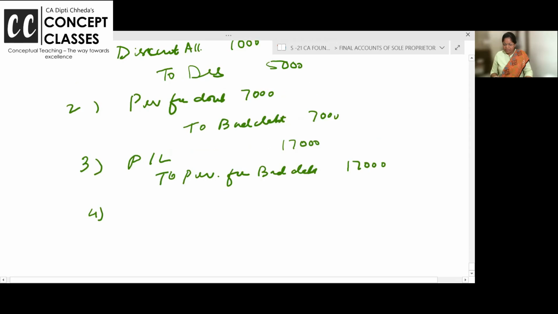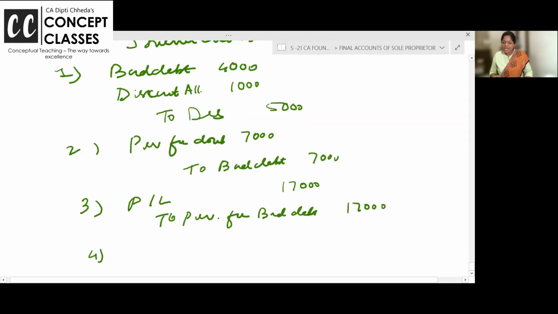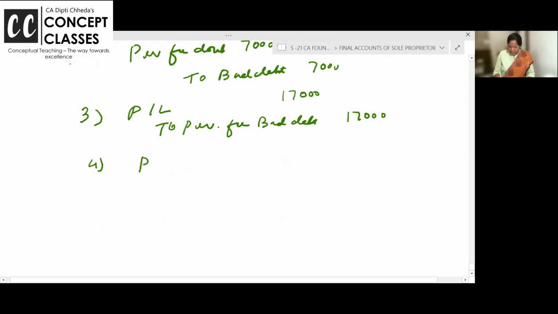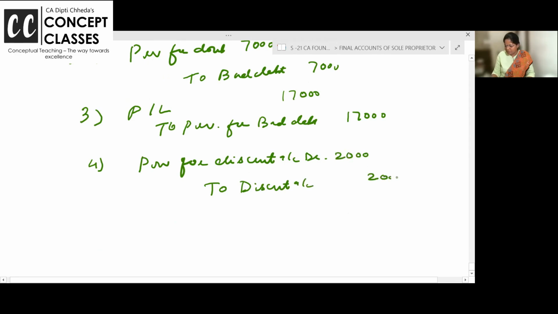Discount also you have already recorded in the trial balance, 1,000. So now provision for discount account debit to discount account 2,000. हाँ, डिस्काउंट अकाउंट को क्रेडिट करके जनरली वी ट्रांसफर टू P&L.